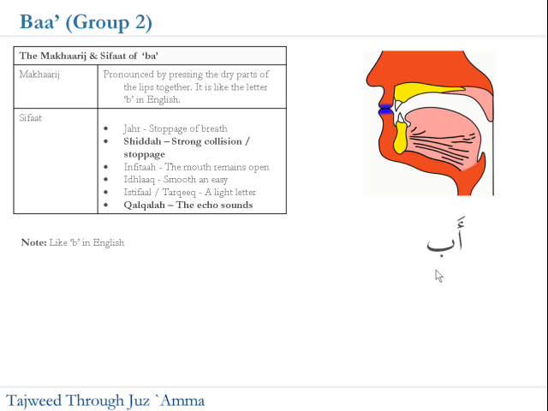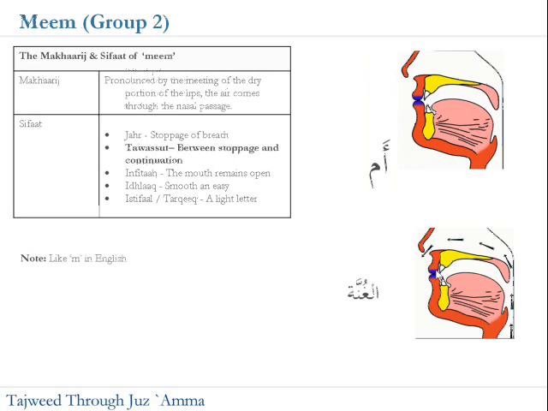So we say ab. So when you stop on it, it's sharp and strong. And the other main thing here, we have what's called the echo. So in order to complete the sound, you have to release the two lips quickly and slightly. You can't say ab and then keep your lips together. You cannot complete the sound. And this is known as the qalqala, and we've got a whole lesson on this as well.